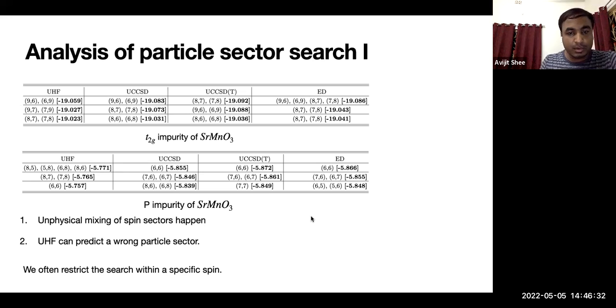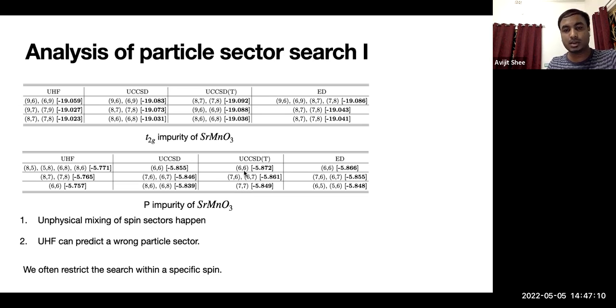Another point is that when we are in conflict about whether we have obtained the right sector, for theoretical analysis sometimes we restrict the search space to a specific spin. So when we know the ED result, but we want to compare CCSD and ED on an equal footing, sometimes we have used this trick where we restrict the search space.